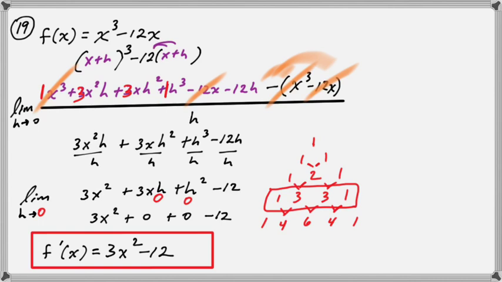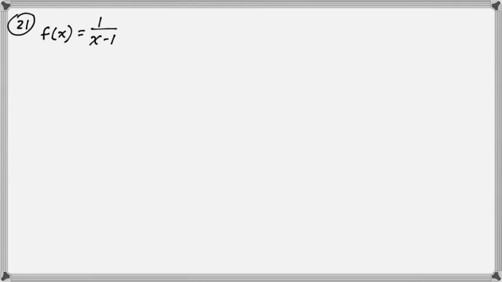Okay, after 19, I think I'd either give you a radical or a fraction. This one apparently is a fraction. If you were to replace every x with x plus h, I think you'd have this, right? Replace every x with x plus h.